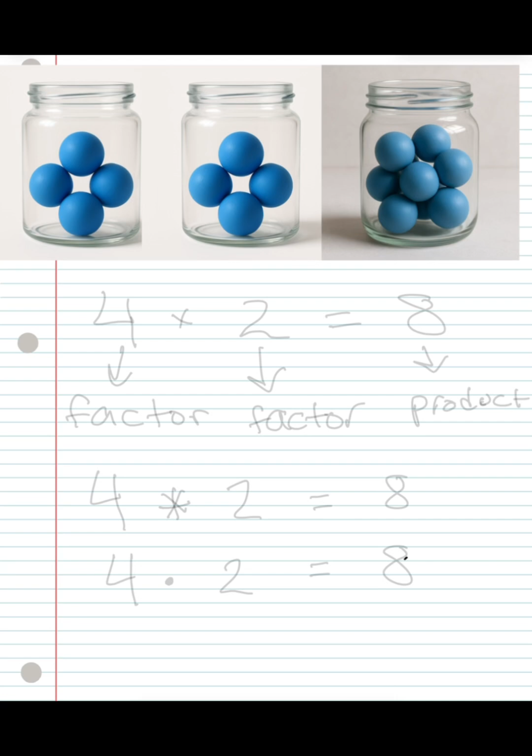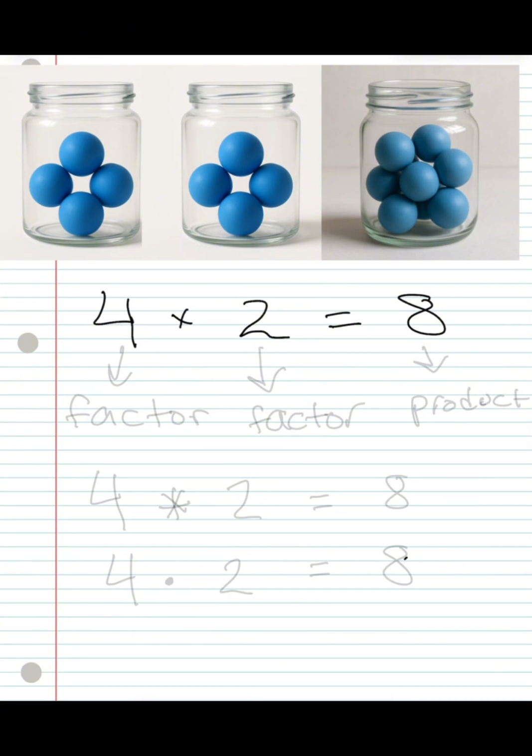Now we could also have multiplication as our equation. We have 4 objects in each jar, and we have 2 of those jars, and that also equals 8. So now we have an equation.